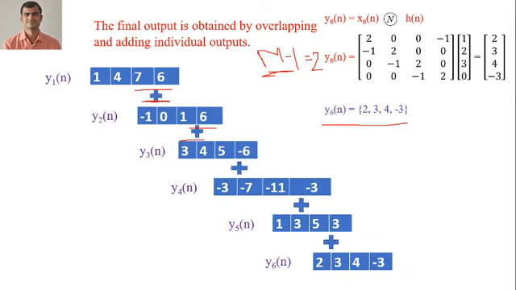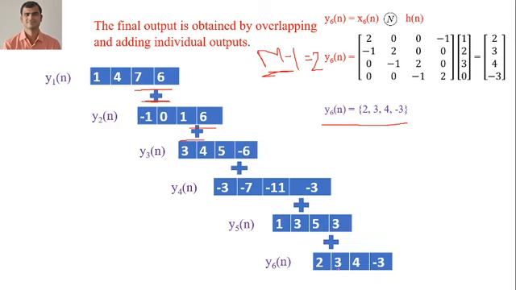After this addition, 7 minus 1 becomes 6. Here also 6, 4, 10, then 2, minus 13, minus 10, 0, 7, 6.